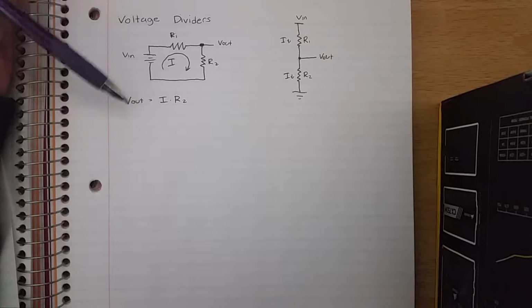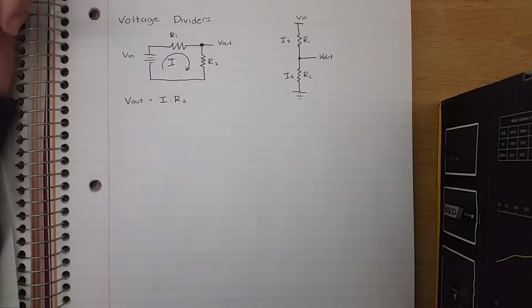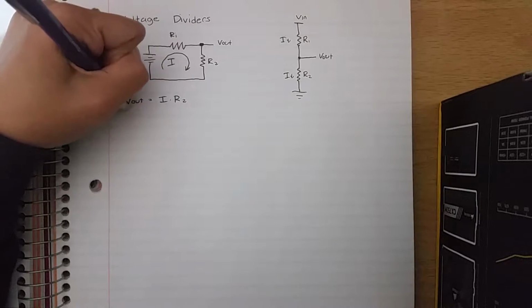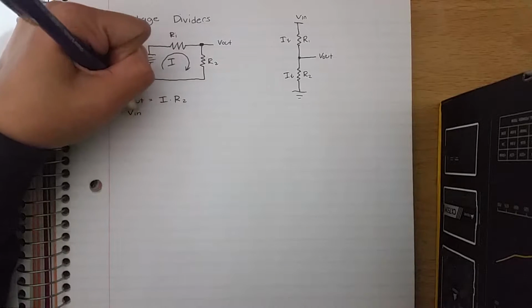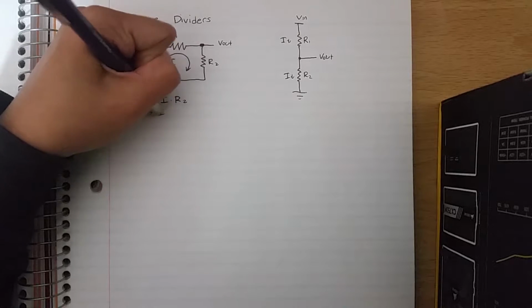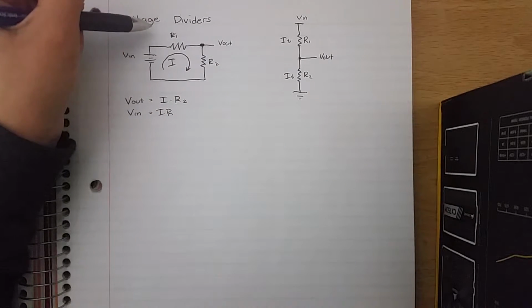Well, no, if we keep going, we'll see that the I's will cancel. So let's keep going. Now let's look over here at V in. We know that V in also equals I times R, but what's R? We have 2 resistors over here. Which one of these is the R?